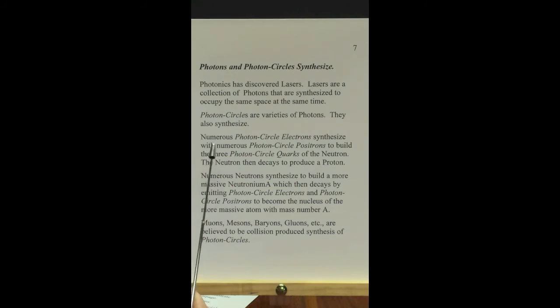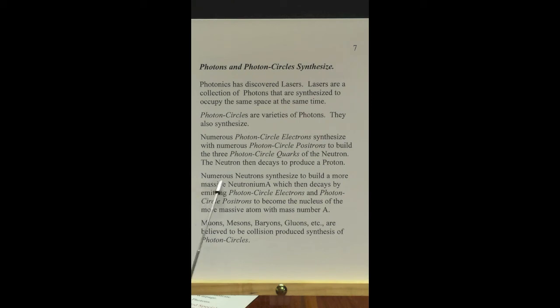Here's what I've found out so far. Numerous photon circle electrons synthesize with photon circle positrons to build the three photon circle quarks that make up a neutron. The neutron then decays and produces a photon. The neutron's decay is the emission of a photon circle electron.